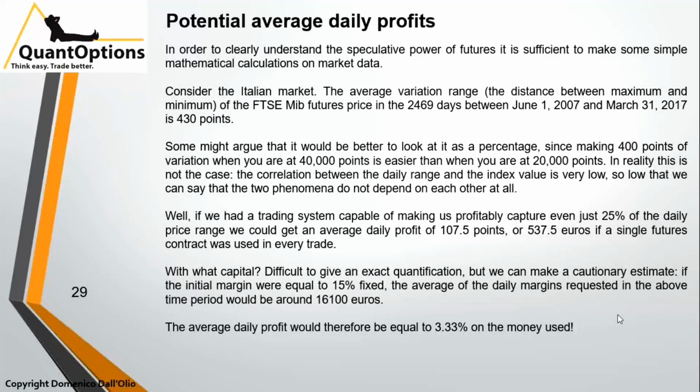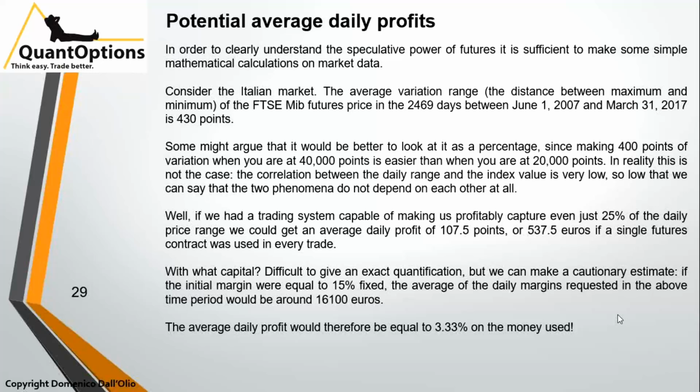In order to clearly understand the speculative power of futures, it is sufficient to make some simple mathematical calculations on market data. Consider the Italian market. The average variation range, the distance between maximum and minimum, of the FTSE index futures price in the 2,469 days between June 1st, 2007 and March 31st, 2017 is 430 points.